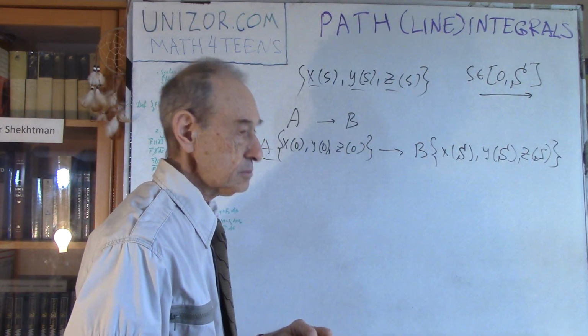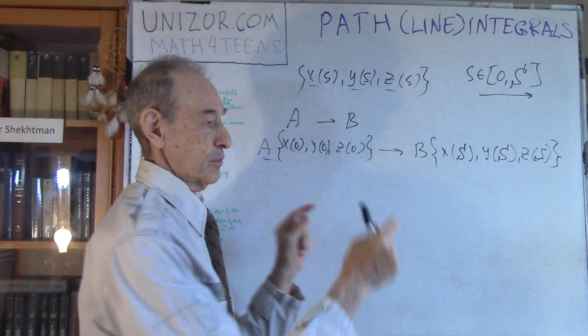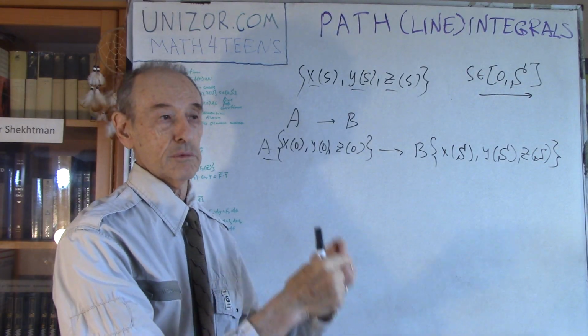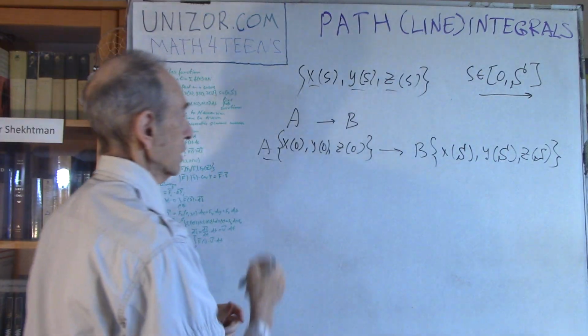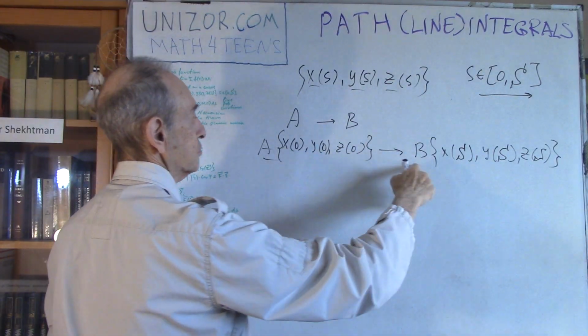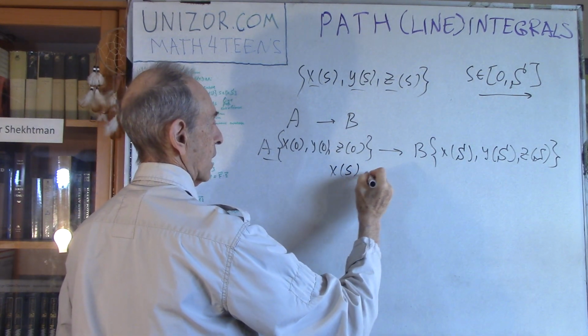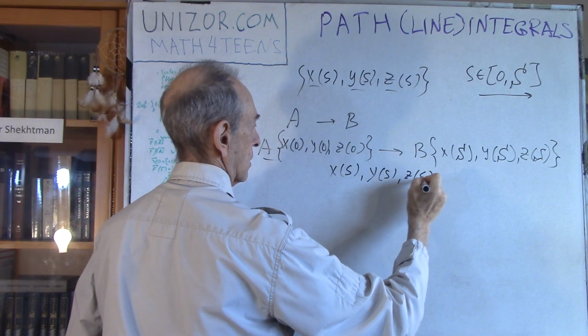Okay. Now, if in a regular integral we had an interval from a to b, and for each point we had the value of the function, here we also can have that for each point from a to b, and each point is basically calculated as some kind of x of s, y of s, z of s.